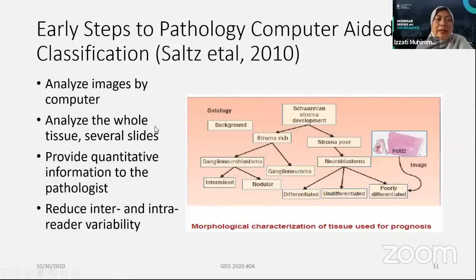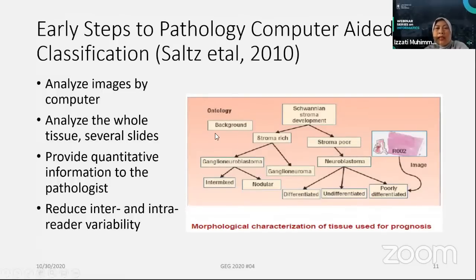My current research is at this stage, the early step of pathology computer-aided classification. Even though I have experience in many areas of disease which have different image manifestations, we are working toward a workflow which allows the computer system to help the laboratory worker and the pathologists in reading the slide.